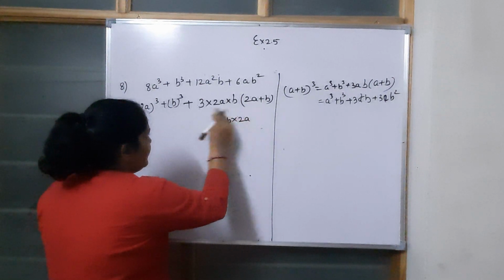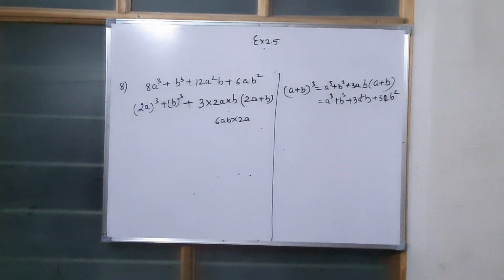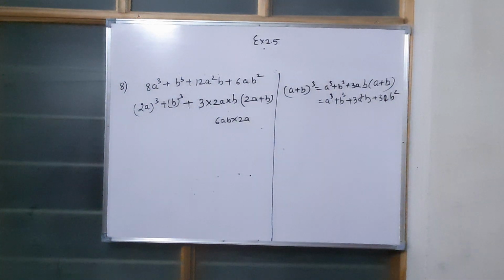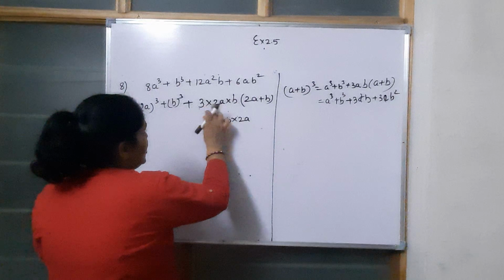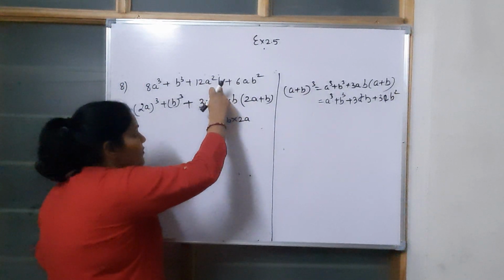When we multiply 6ab with 2a, it is going to be 12a square b. So yes, we have 12a square b.